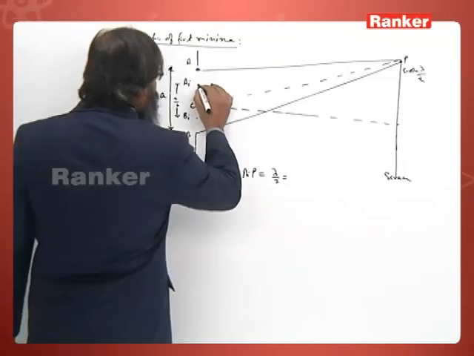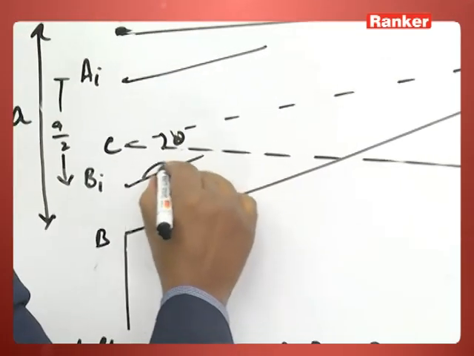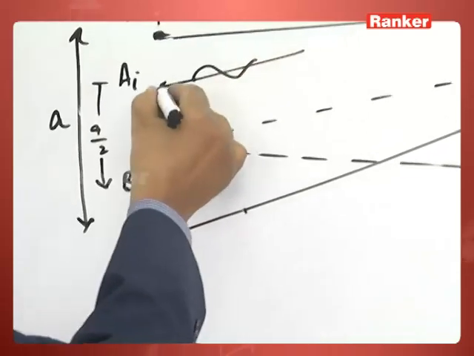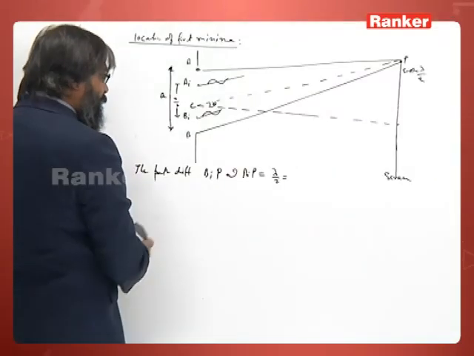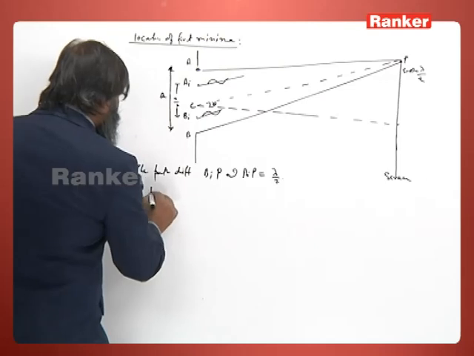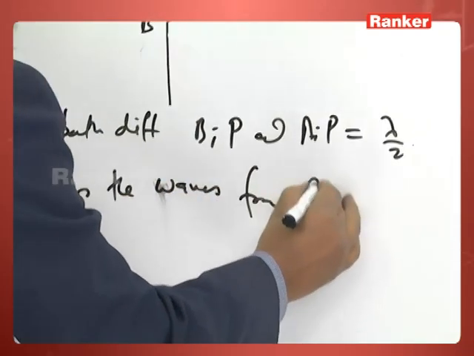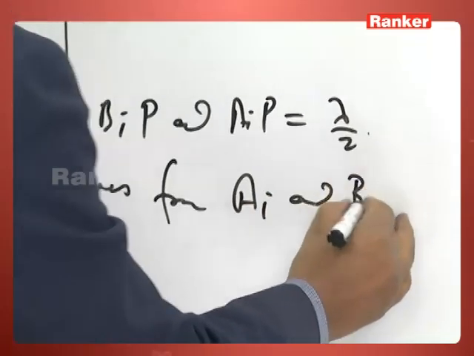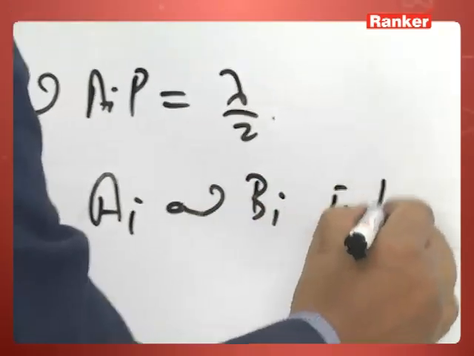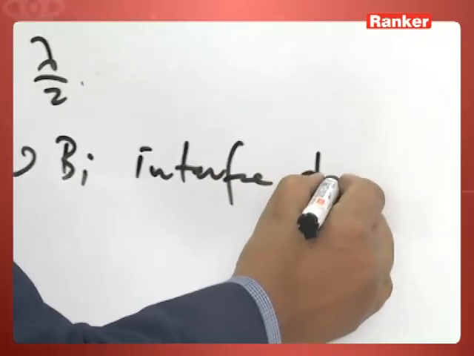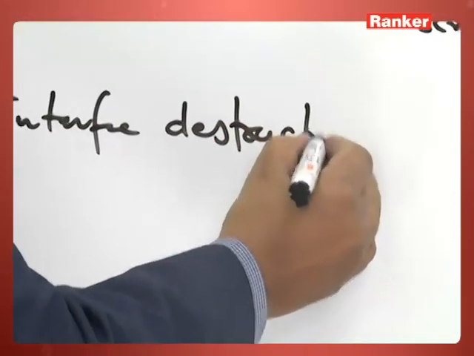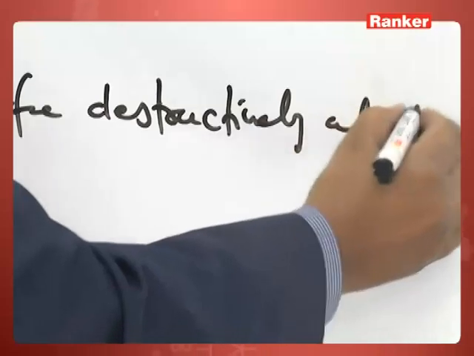That means if there are two waves, one reaching from here and one reaching from here, with a path difference of lambda by 2, thus the waves from AI and BI interfere destructively at P.